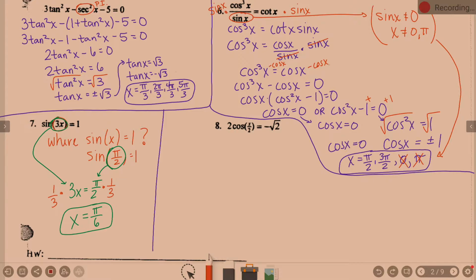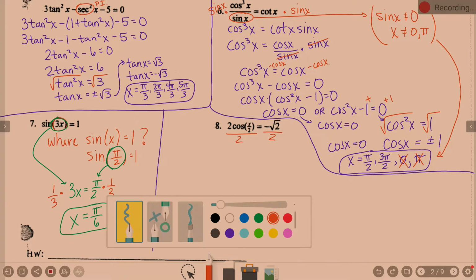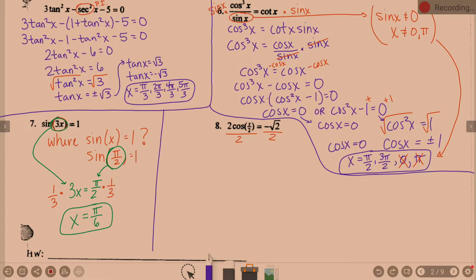In these cases, we want to get our trig function by itself. So to get cosine by itself, I'm going to divide by 2. So then I have cosine of x over 2 equals negative square root of 2 over 2.